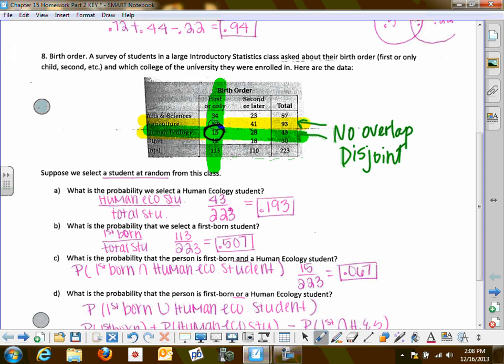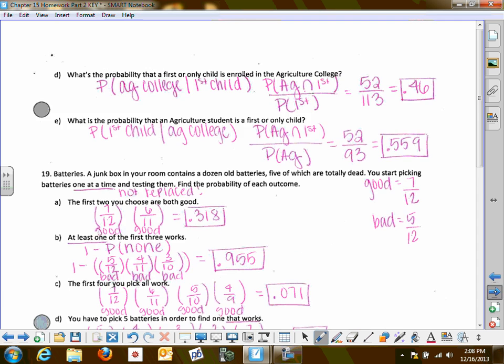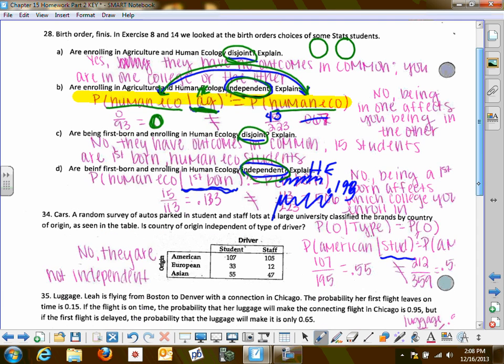They have the overlap at 15 people, or in both. So since 15 people are in both, there is overlap, and so then it's not disjoint. They are connected. It is not disjoint. Okay? All right, so that's what we have. We have 15 students in common.